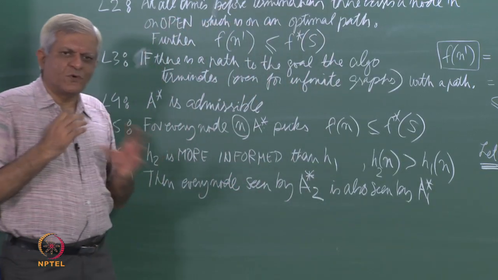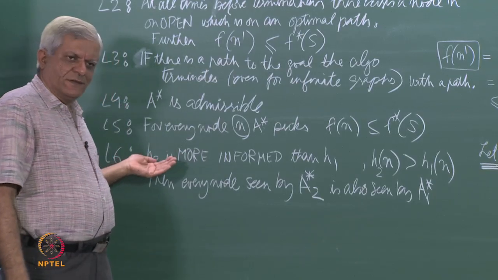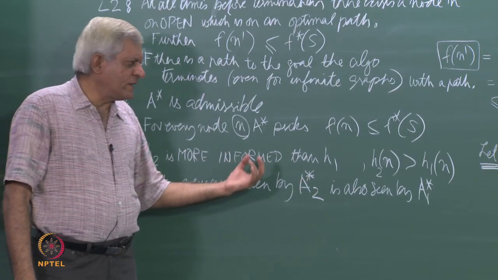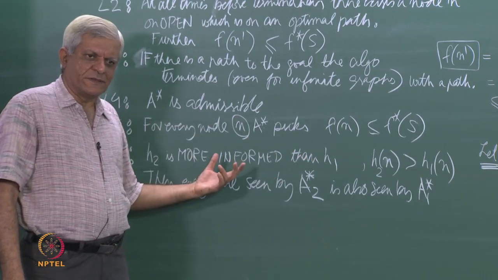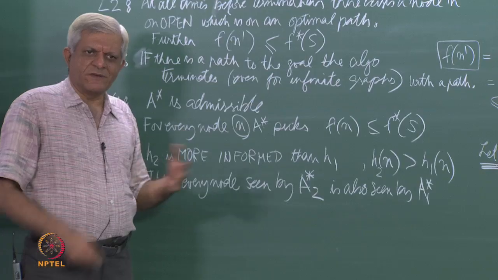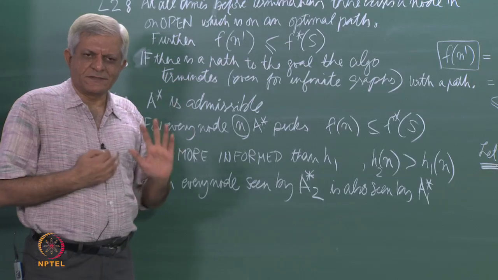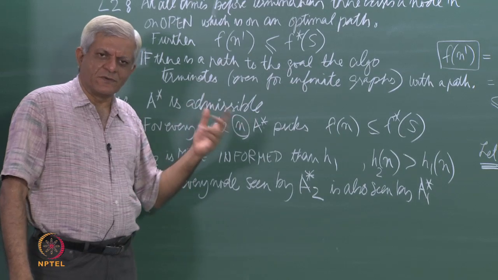So, let us say we have these two versions of the A star algorithm, one uses the H2 heuristic function, the other uses the H1 heuristic function, and H2 of n is always greater than H1 of n. We say that H2 is more informed. So, take the extreme case when H1 is equal to 0. If H1 is equal to 0, it always thinks that the cost to goal is 0 essentially, which is what branch and bound does, whereas H2 thinks that it is at least some value.